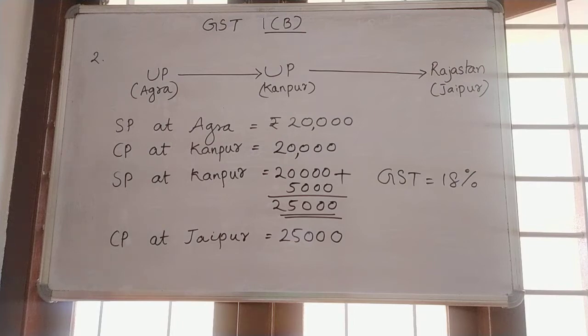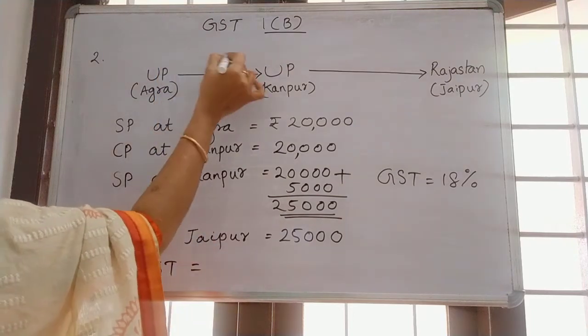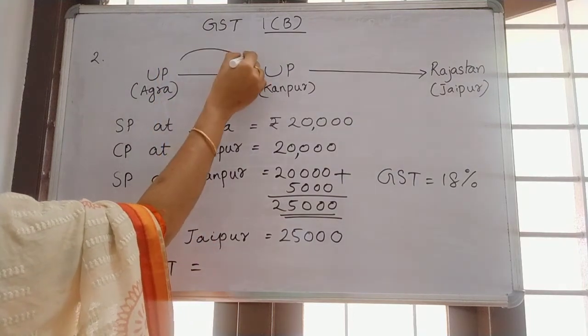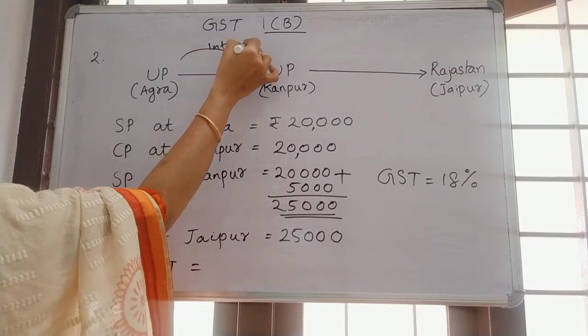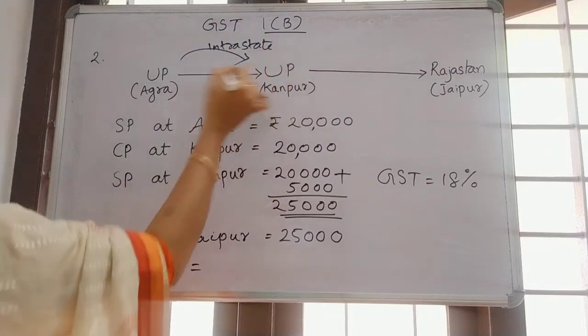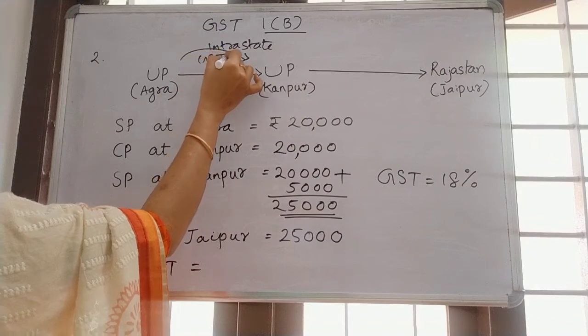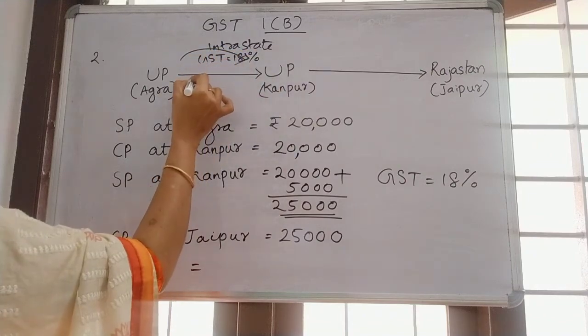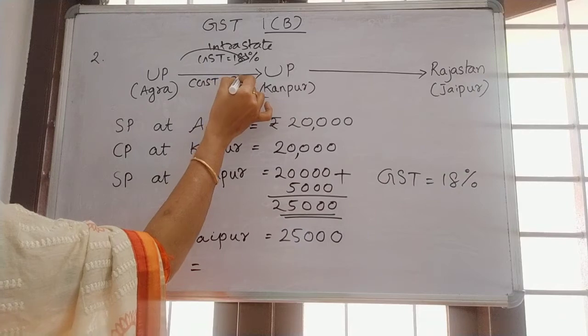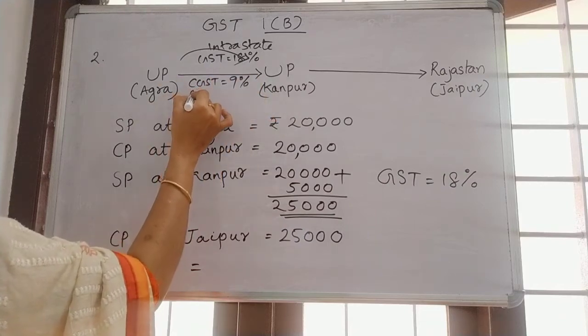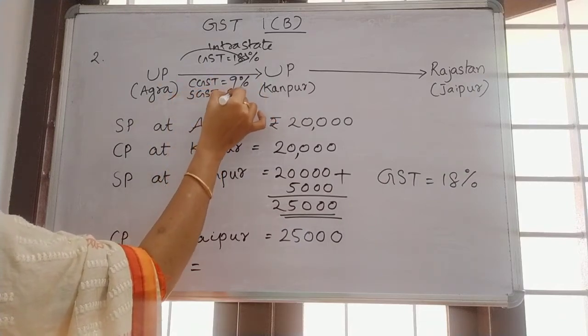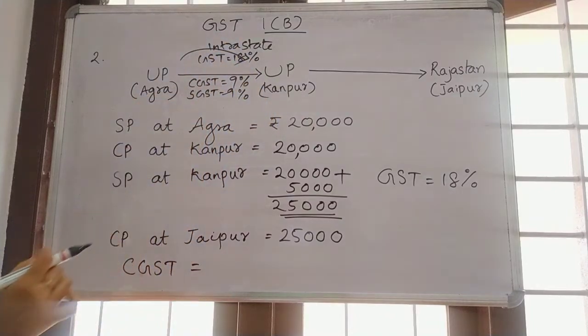So we have to find CGST and SGST. We have GST equal to 18%, so CGST will be 9% and SGST also will be 9%, since it is an intra-state transaction.